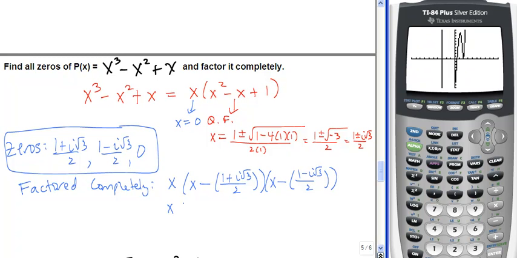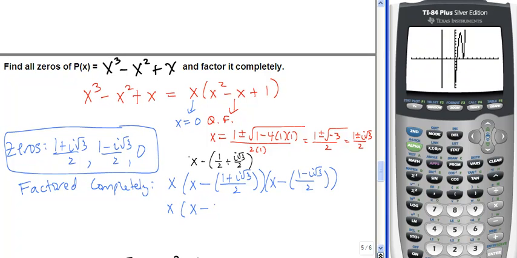If you want, you can distribute your negative across. You can even split this up if you want. Just a little note here, that 1 plus i root 3 over 2 is the same as a 1/2 plus i root 3 over 2.